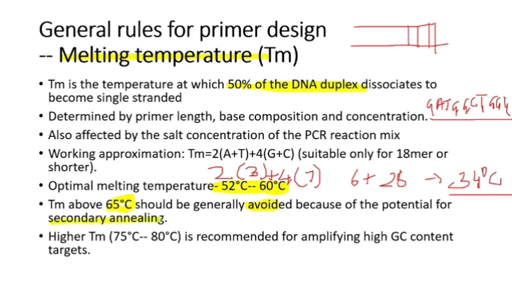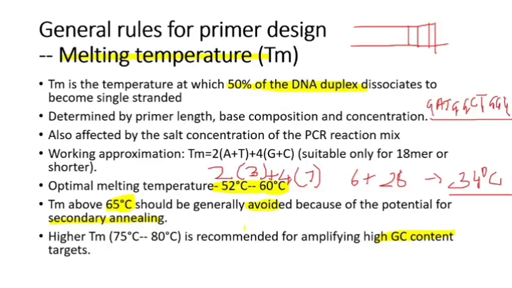Secondary annealing chances are there, so we will not use a temperature of 65 degrees. A higher Tm of 75 to 80 degrees is recommended for amplifying high GC content targets. For high GC content targets, we use higher Tm because GC bonding is very strong, so a very high temperature is needed to denature it compared to that of AT.